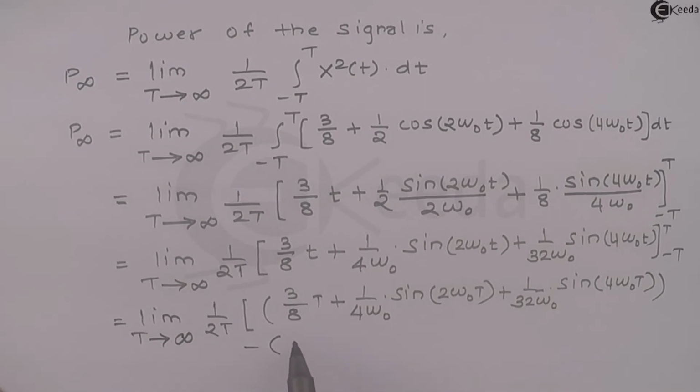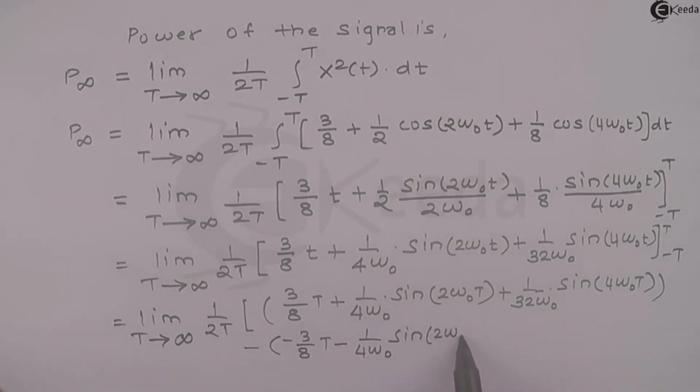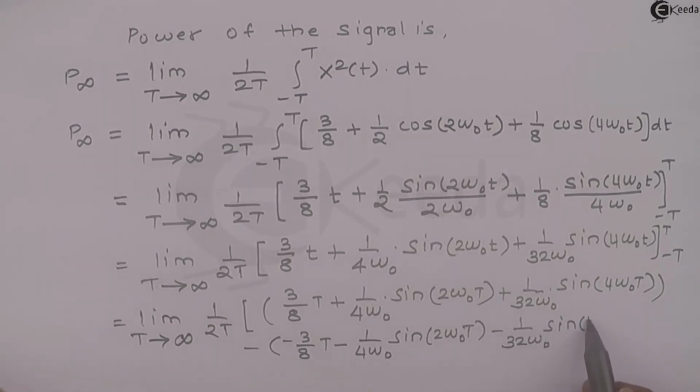Minus, if I apply the lower limit, it will be minus 3 upon 8 capital T. Since the angle is minus and sine of minus angle is minus sine of that angle, it will be minus 1 by 4 omega 0 sine 2 omega 0 t minus 1 by 32 omega 0 sine 4 omega 0 t.